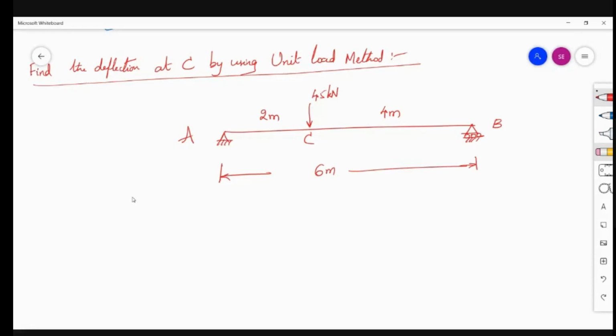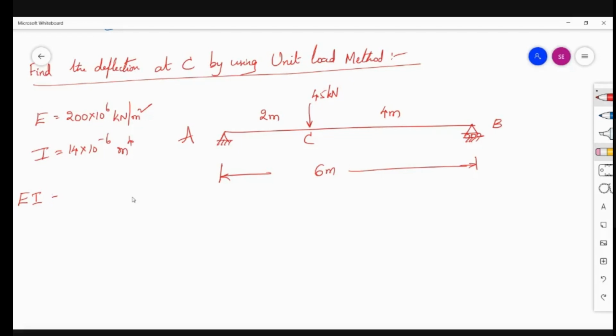In the given data, E is 200 into 10 power 6 kilonewton per meter square, and I is 14 into 10 power minus 6 meter power 4. EI is constant for the entire member, with no change in the moment of inertia.